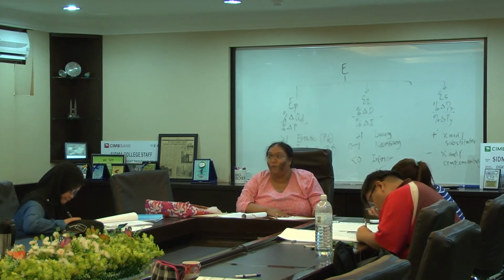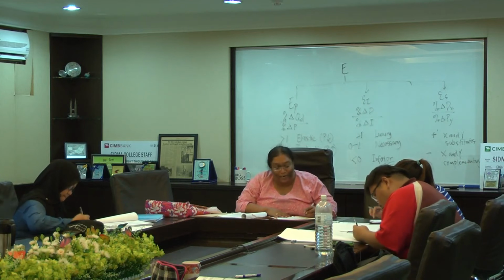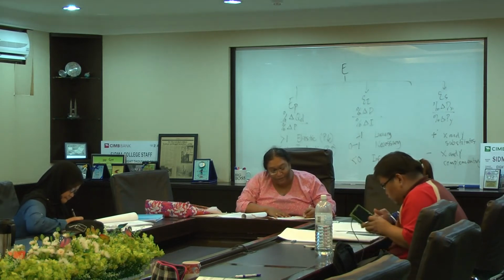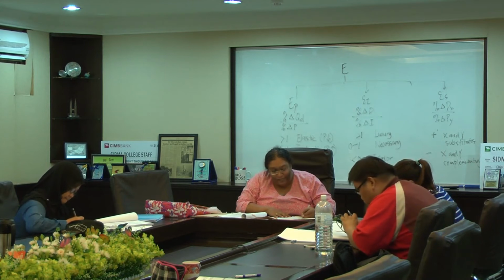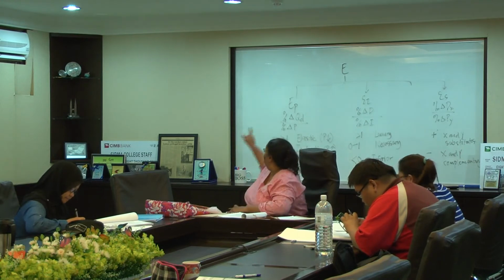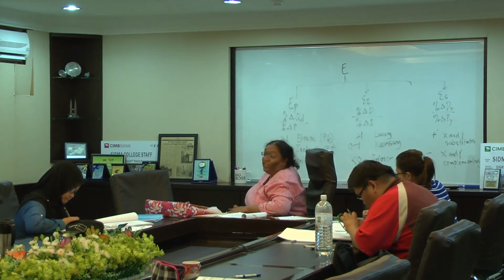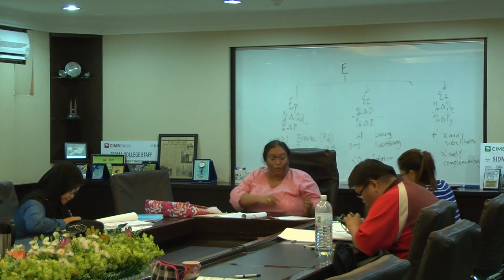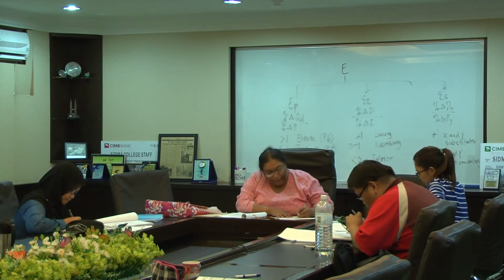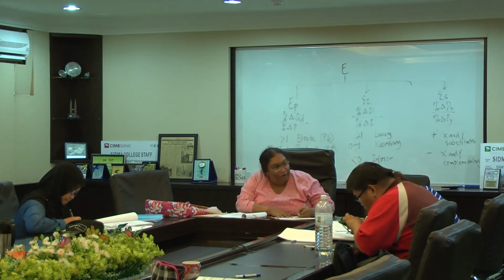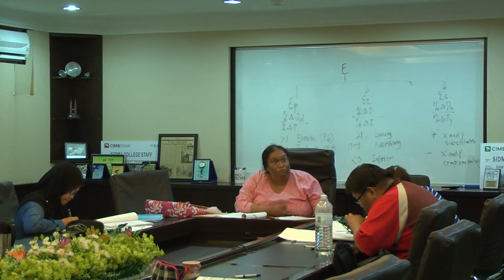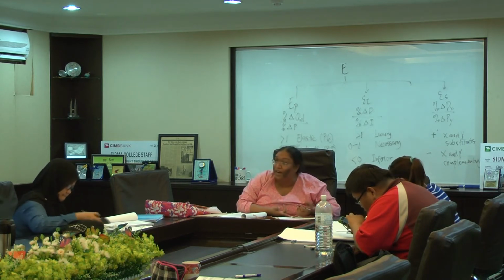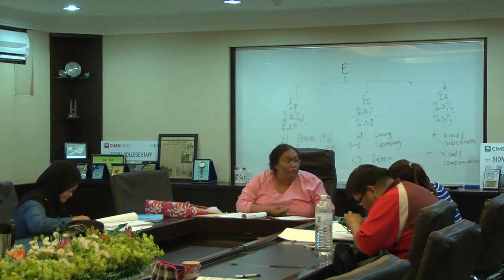Correct? Okay. Now I want to calculate the price elasticity. What is the price elasticity? I told you: percentage change in quantity divided by percentage change in price. Negative 20% divided by positive 33.33%. Just now the quantity was 20%, the price was 33.33%, and I find the ratio.